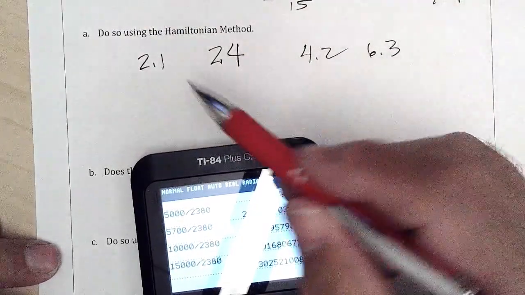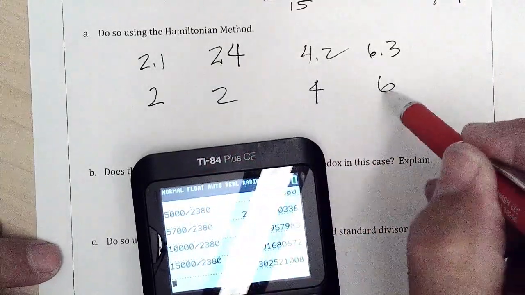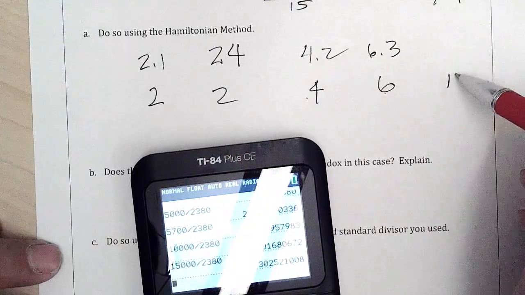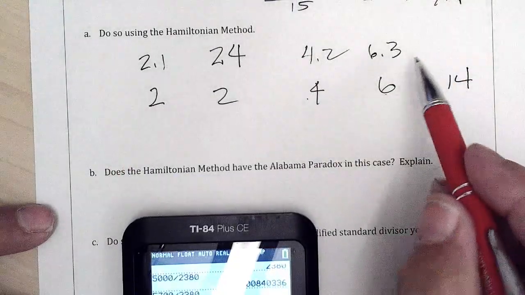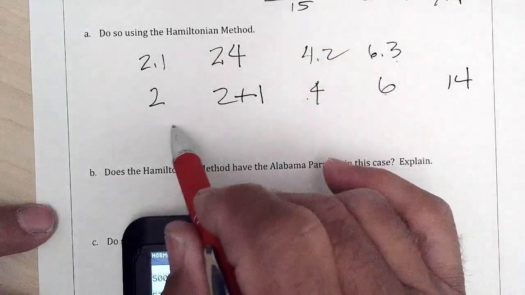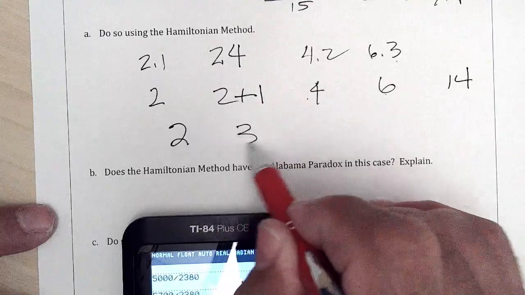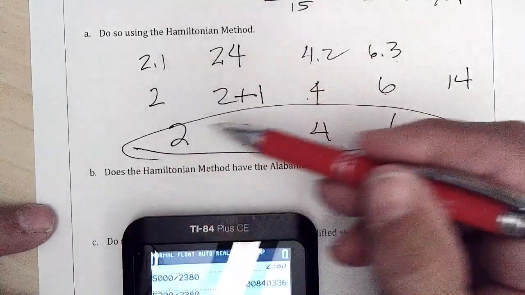And so if I do the 2, 2, 4, and 6, I got 14. That's not all of them. So then I have to choose the one with the highest decimal, and this one gets plus 1. So the distribution would be 2, 3, 4, 6 for A, B, C, and D.